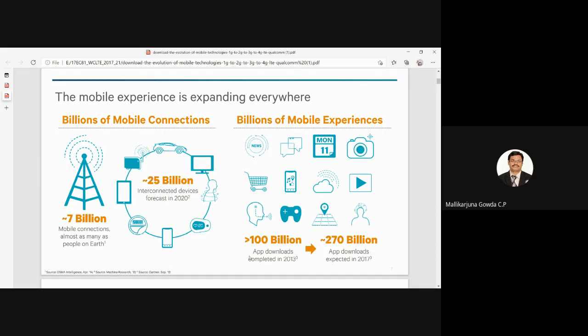Don't worry about these statistics. Of course, these statistics are a little bit older, and now the numbers are different. So, who can say their understanding about this slide? What could you observe from this?